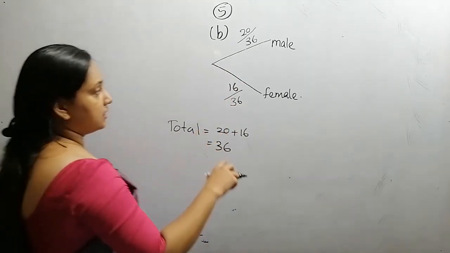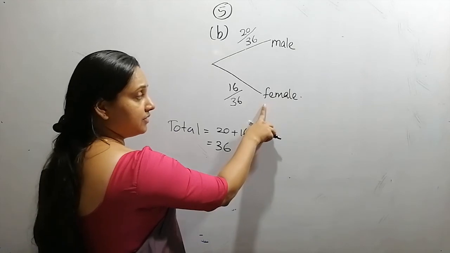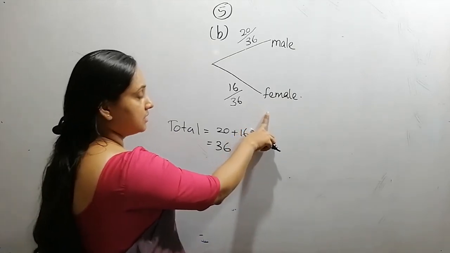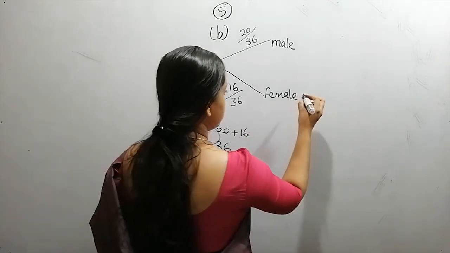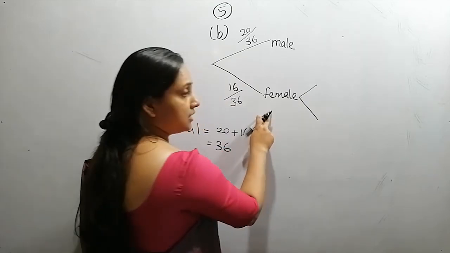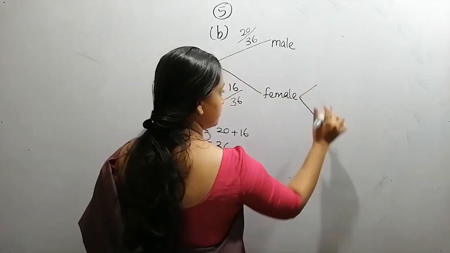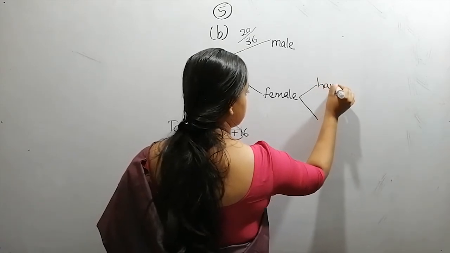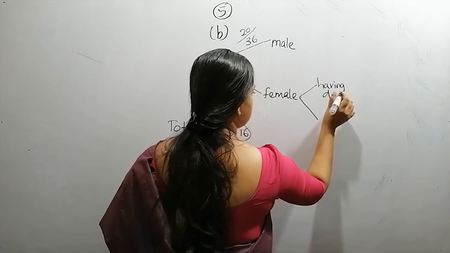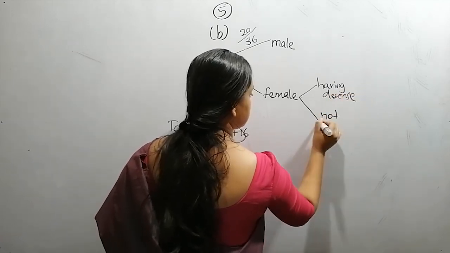Then among the females, all females have the disease. That means we can divide the females into two groups: having the disease and not having the disease.